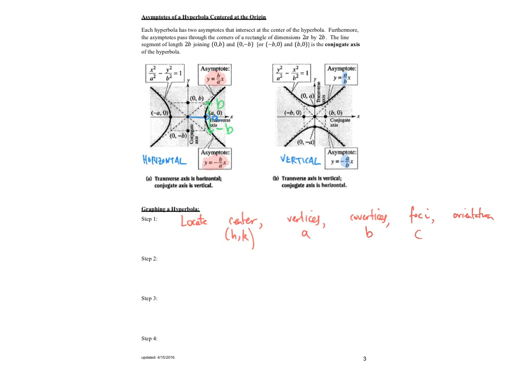Step 2 is we want to draw a dotted line to create that special rectangle. Remember that passes through the vertices and co-vertices. Next step, use another dotted line to add in our slant asymptotes.